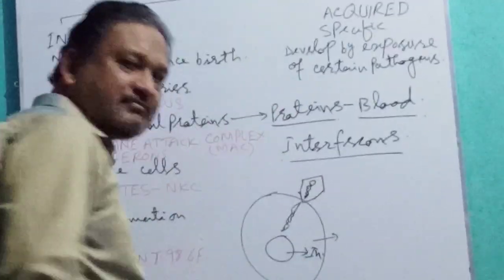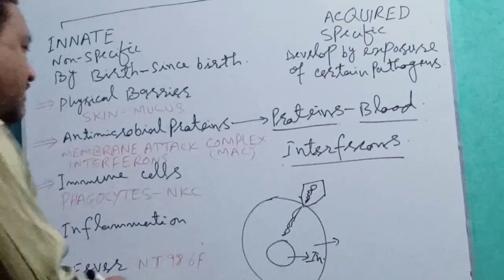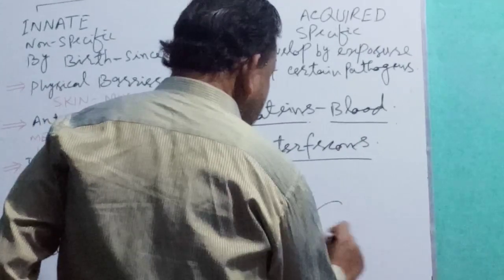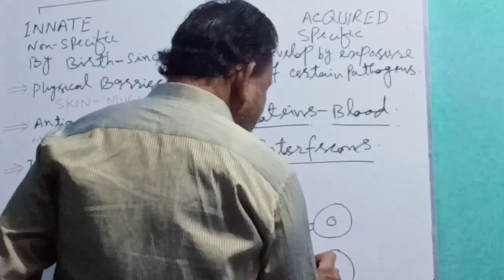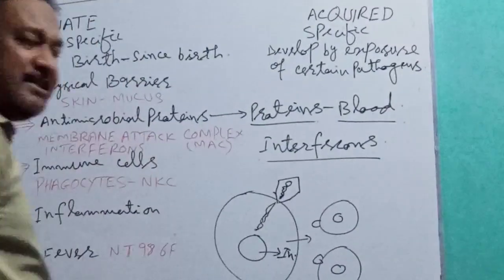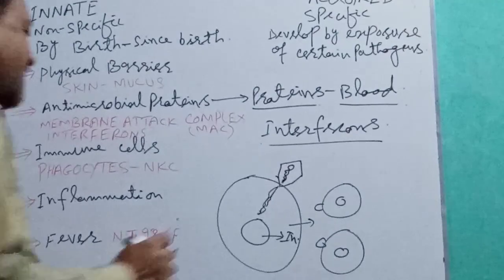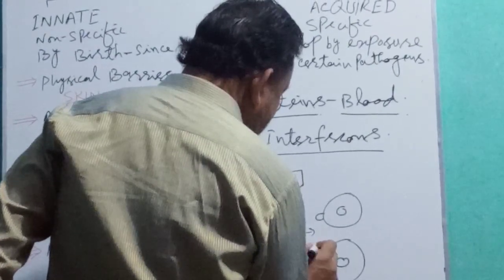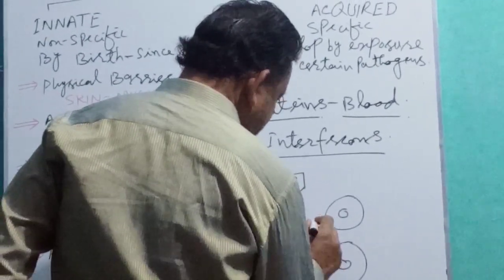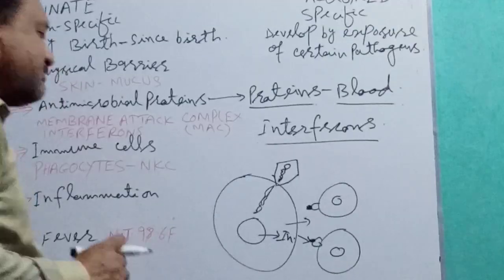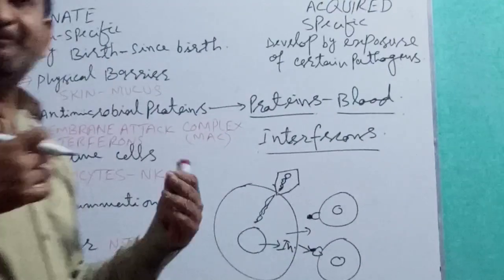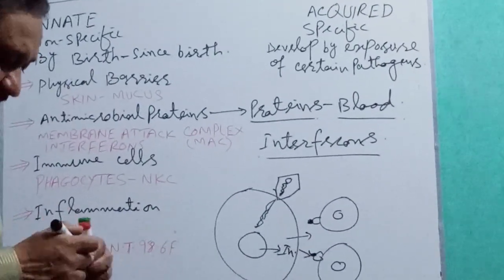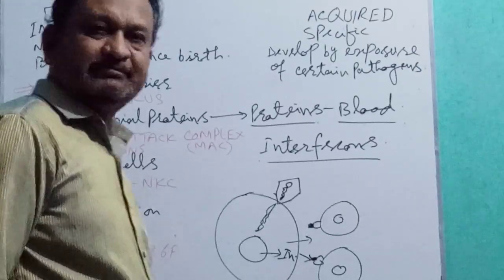These interferons diffuse out and approach the neighboring cells. The neighboring cells have interferon receptors, and when these interferons bind to these receptors, these normal cells start making some antiviral enzymes.